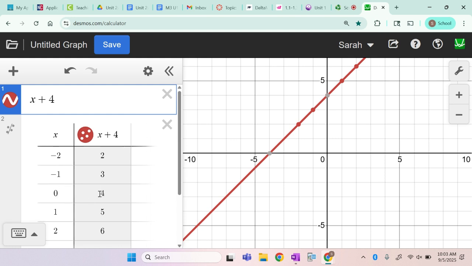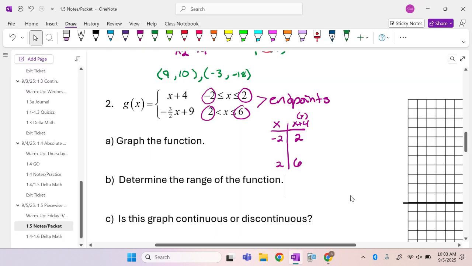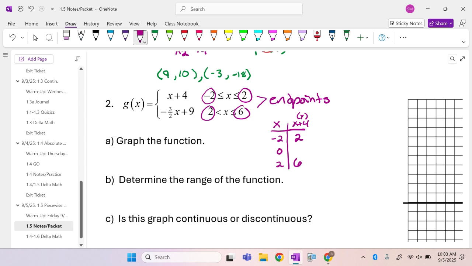So when x is 0, y is 4. And then obviously if you plug in 0 for x, 0 plus 4 is 4. Now, that's my first part. So we're going to focus firstly on graphing this first function first.